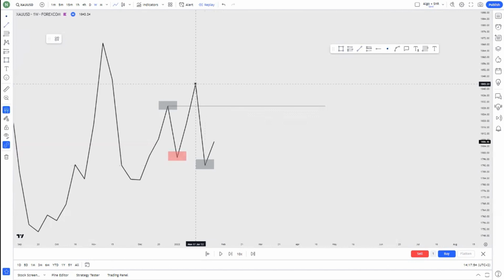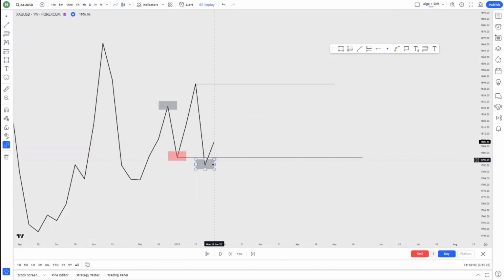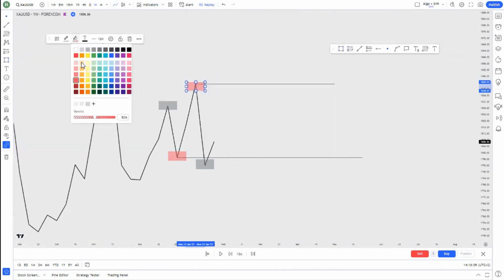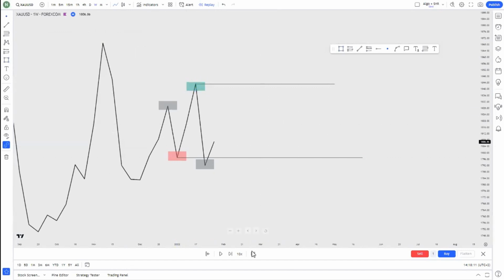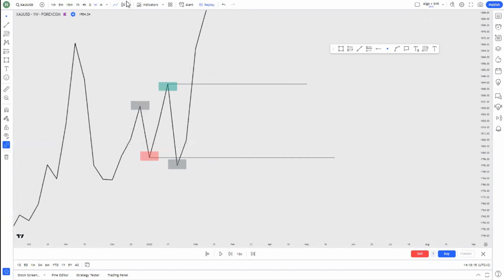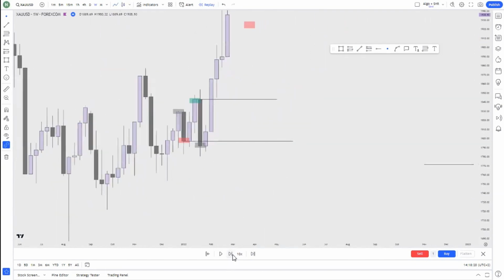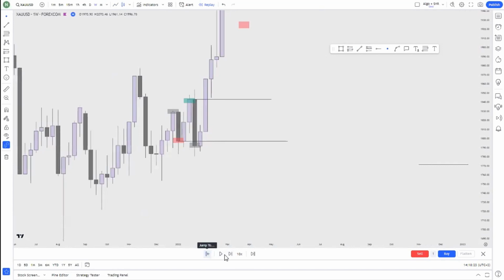So for us to validate this left shoulder right here as a support and resistance level, we would want to see the market closing above this A right here. So something like this. Then this is going to be our left shoulder right there.